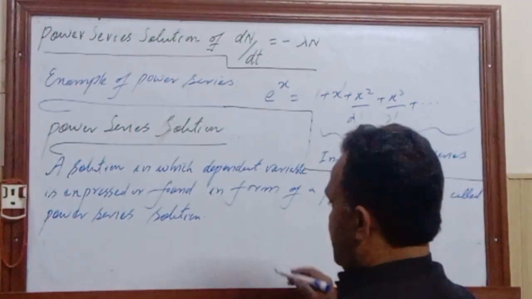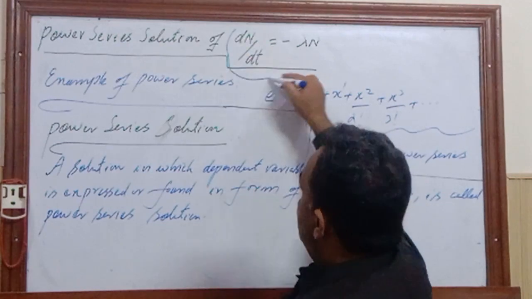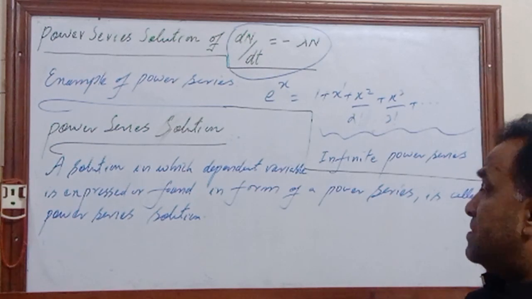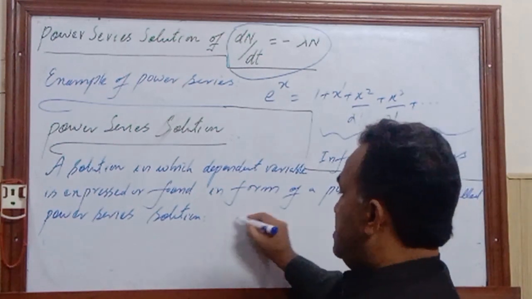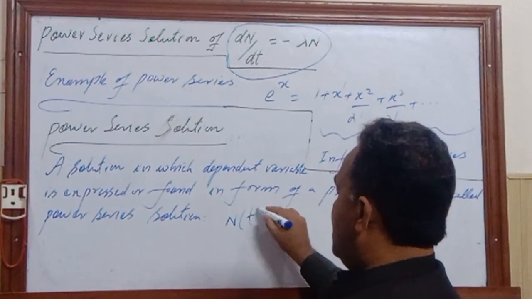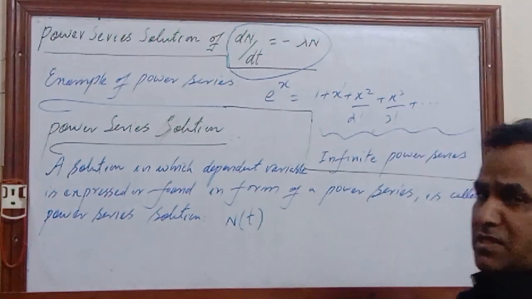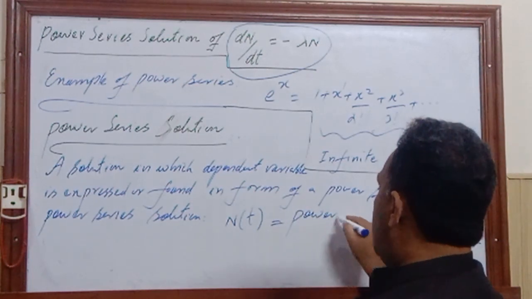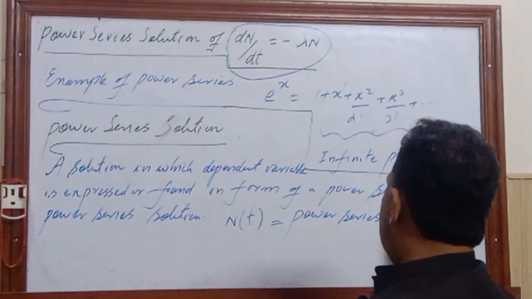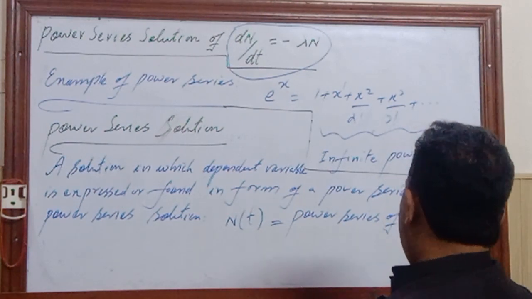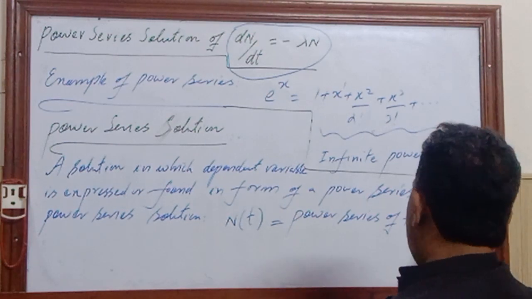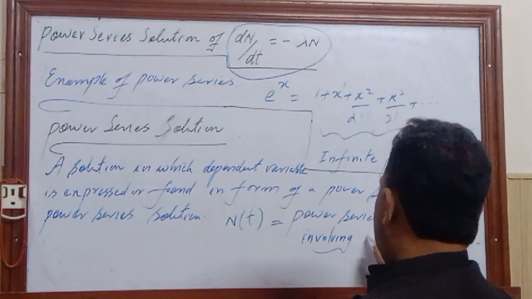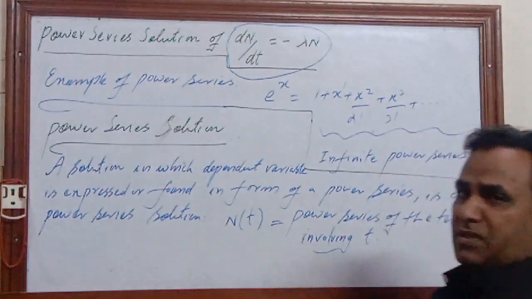For example, if you want to solve this differential equation and you want to get the power series solution of this differential equation, that means you want to get the dependent variable capital N as a function of time t equal to some power series of the terms involving t, because t is the independent variable.